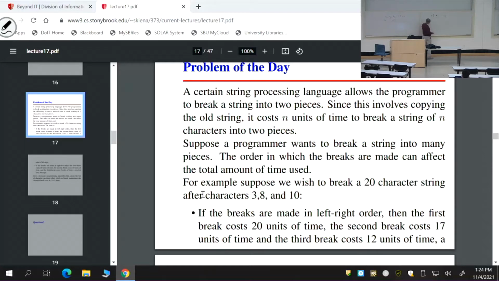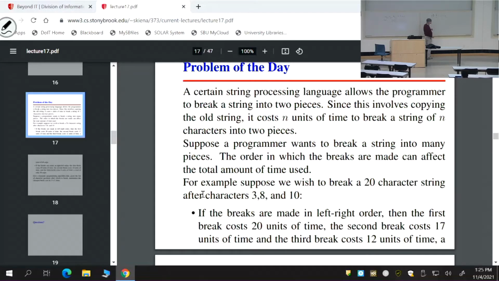So does everybody agree that that's going to cost 17? Now, once I have made this cut at 8, what's the cost of the cut made at 10? 12. Does everybody see that? So that's a cost of what? That looks like 49 to me.